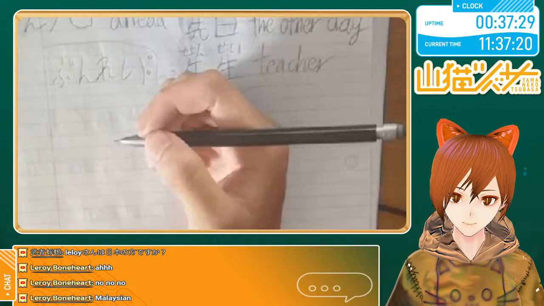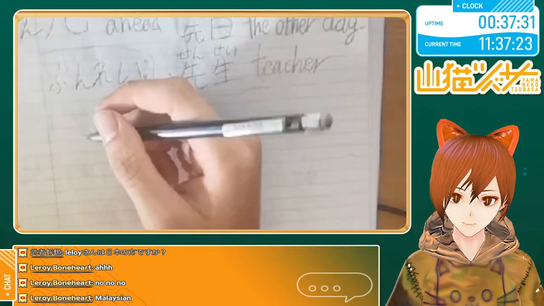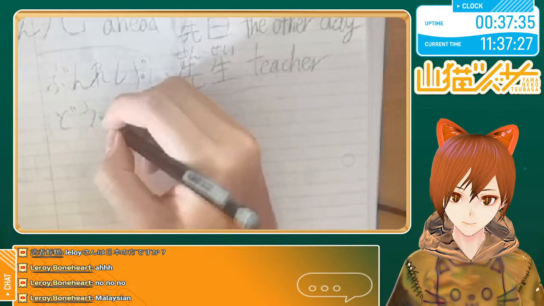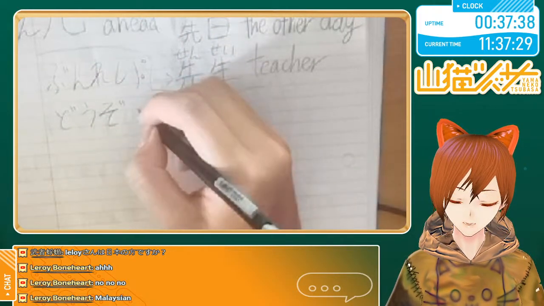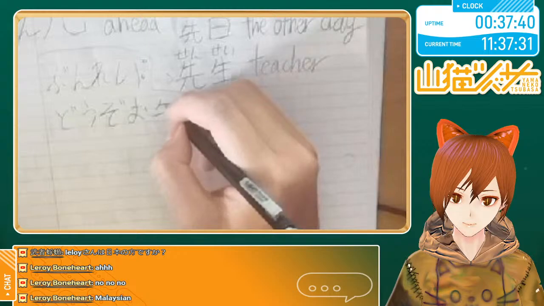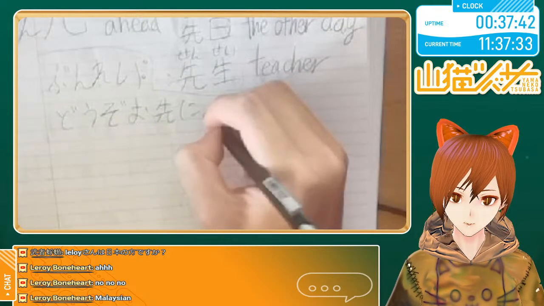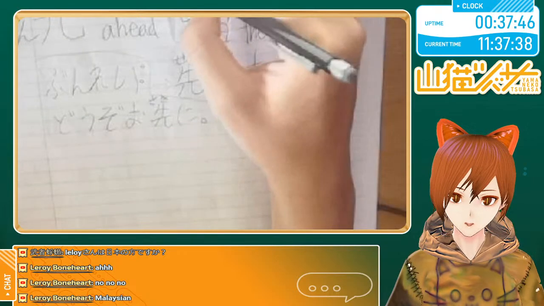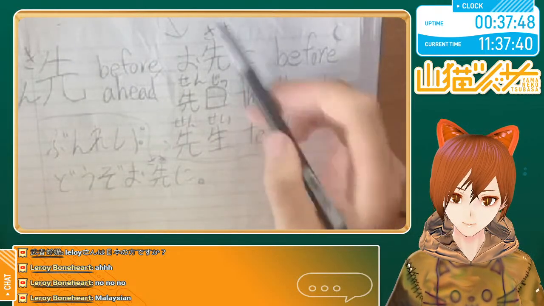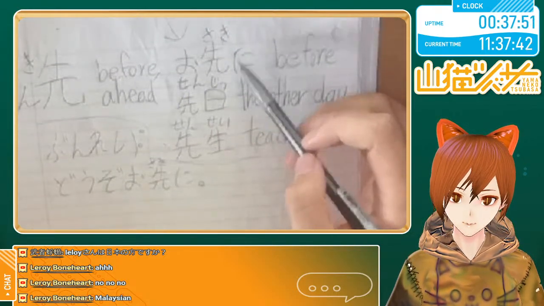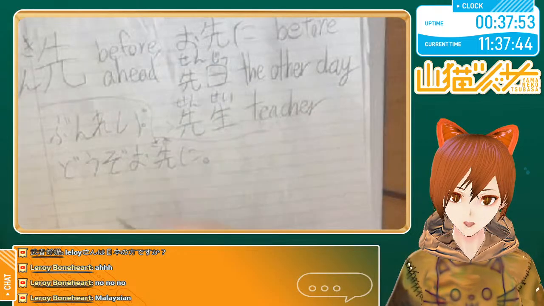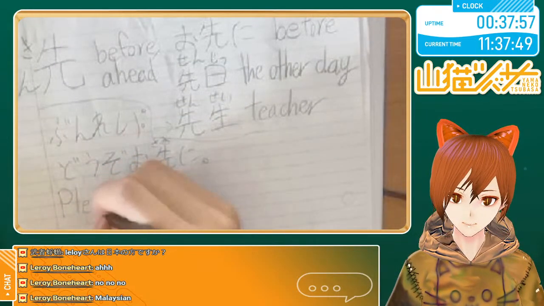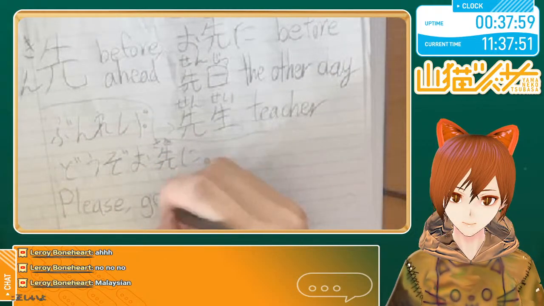Bunrei. Dozo. Osaki ni. So we're using this example up here. Dozo osaki ni. So this is please go ahead.